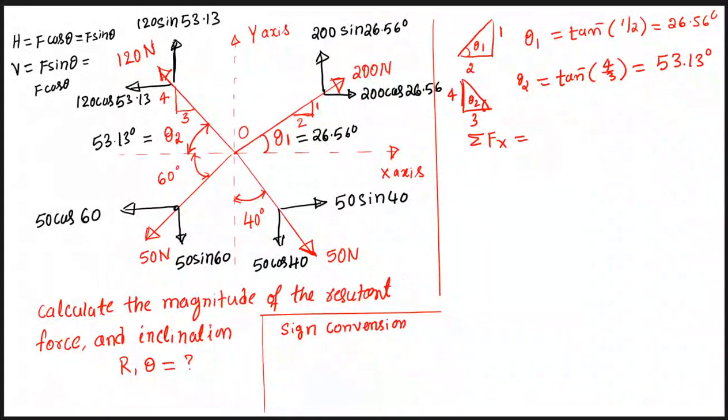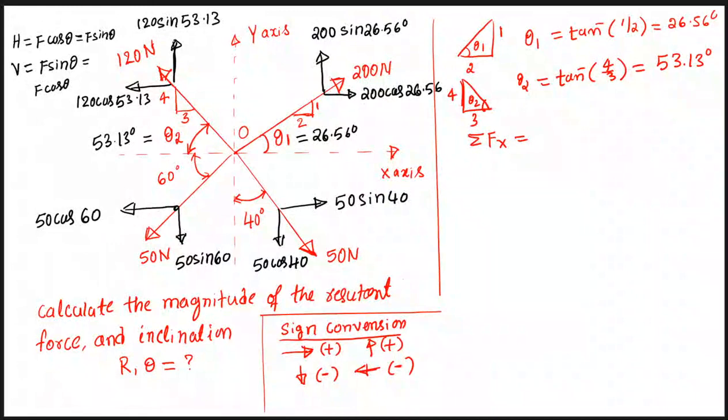Forces acting from left to right are positive, and forces acting in the upward direction are also positive, whereas forces acting in the downward direction are negative, and forces acting from right to left are negative, the opposite direction as negative. So this is the sign convention to be used for solving the problems of the forces.